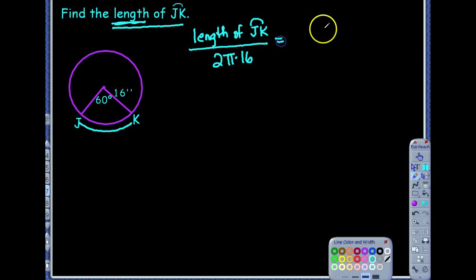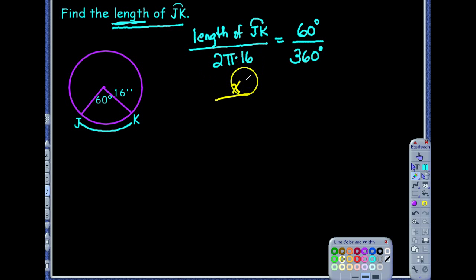Equals the degree measure of arc JK. What would that be? The 60 degrees, because it's the same as its central angle measure. Good. Always compared to 360, because it's always 360 degrees all the way around. So instead of saying the length of arc JK, let's put an unknown. Let's just say x.